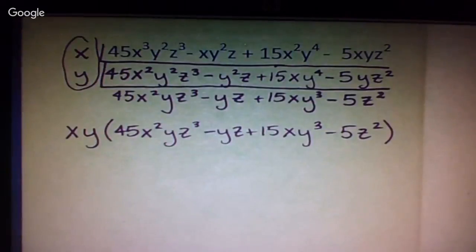And when you said you were going to get rid of all the x's, why didn't you get rid of the y squared in the 45x squared y term, besides the x? This still has the same y squared.